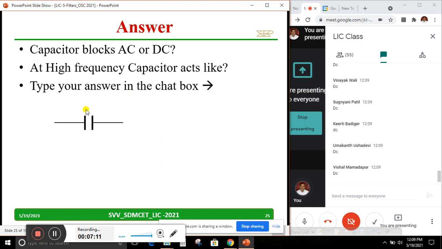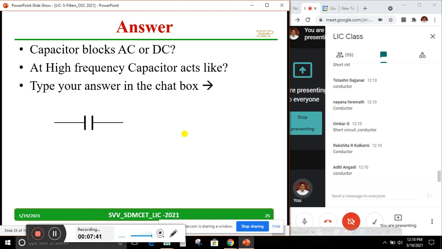Second answer. Ulvesh is giving a very nice answer: conductor. At high frequency it acts as a short circuit, a conductor. All answers are correct.